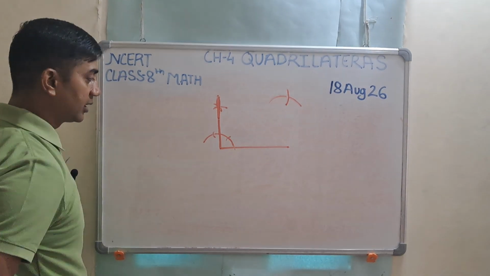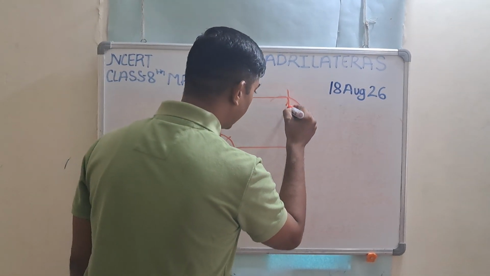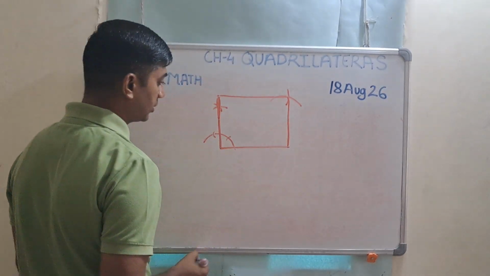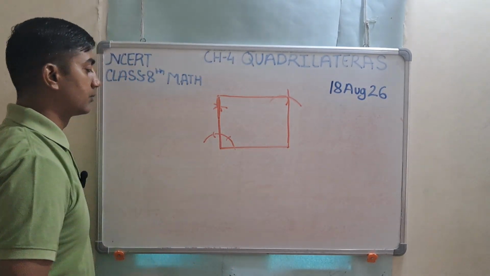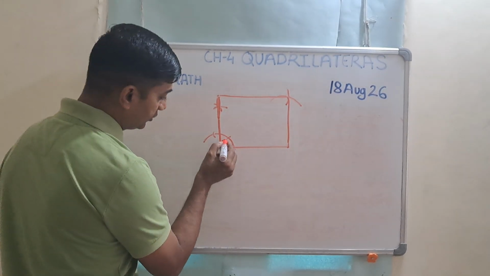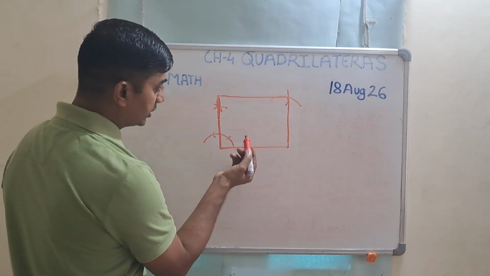Now you find the other point. When you join it, all the sides are equal. Now all the sides are equal and one angle is 90 degrees. Understood? Now we have this figure.